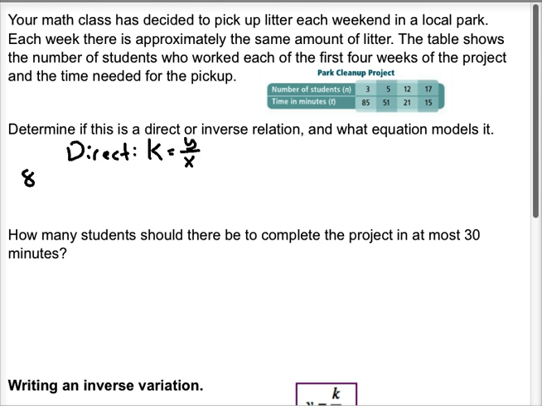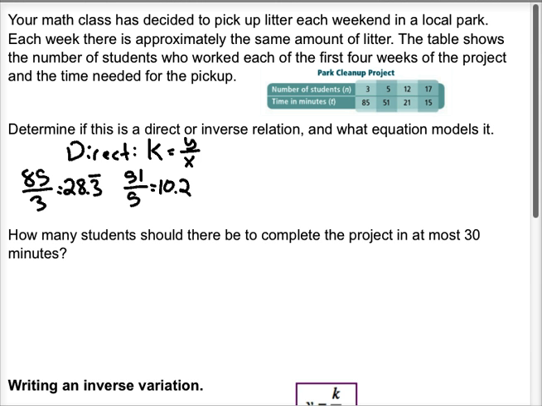First, let's take 85 divided by 3. So 85 divided by 3 is 28.3 repeating. 51 divided by 5, well, that's only 10.2.